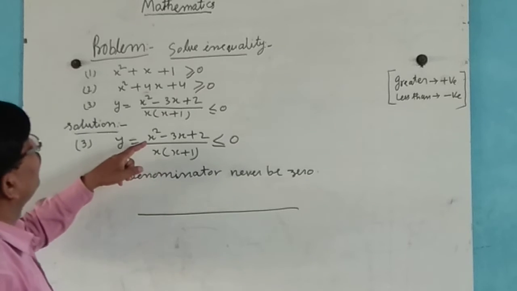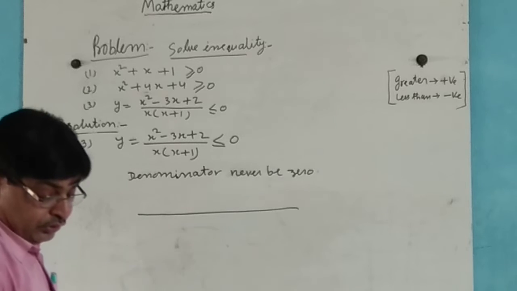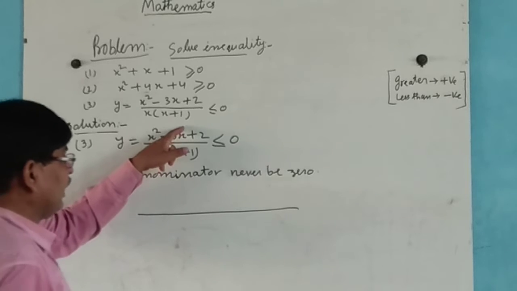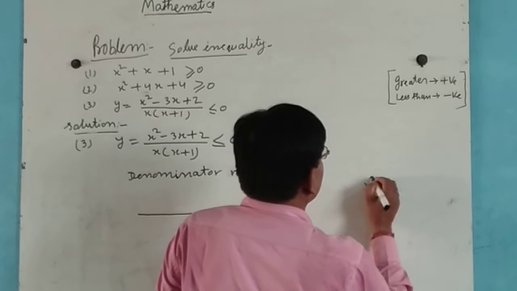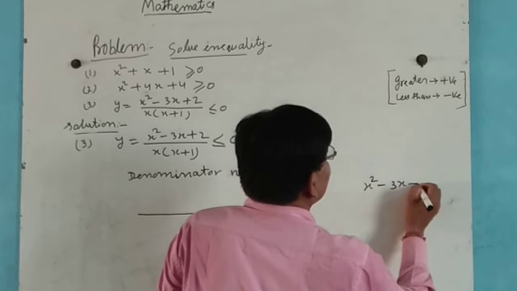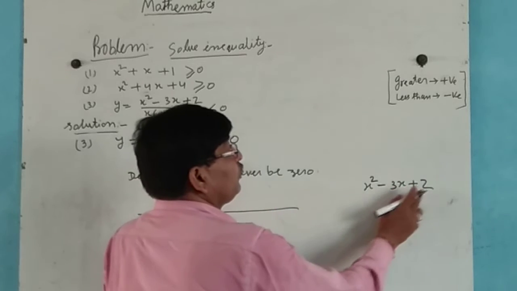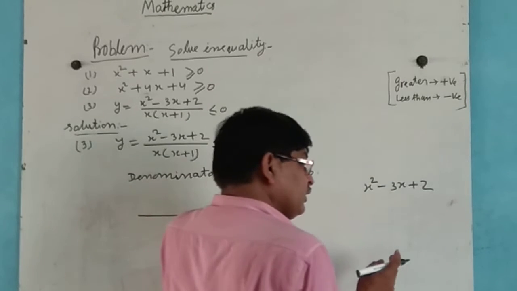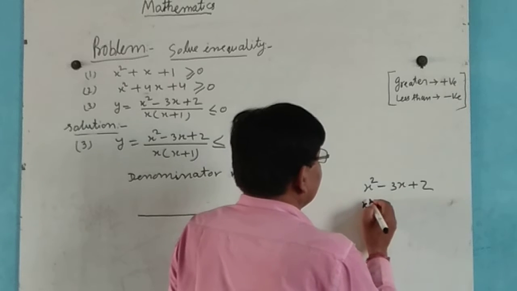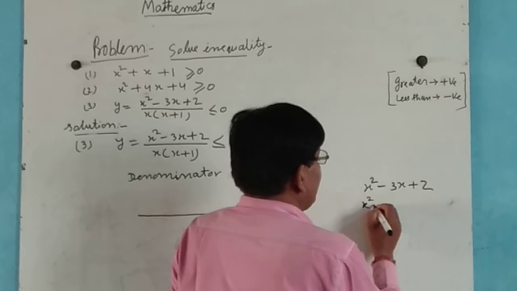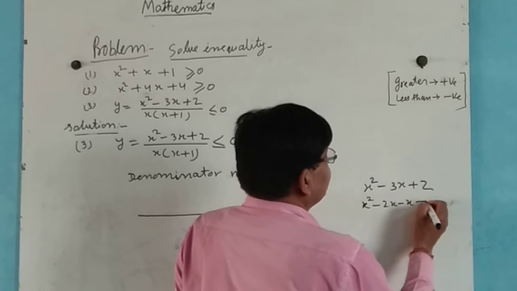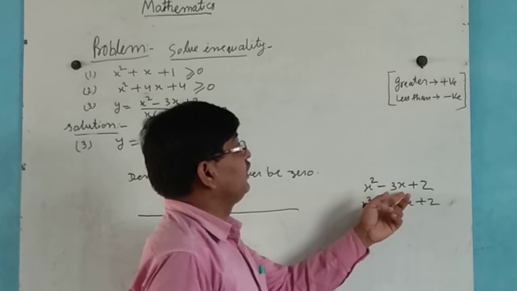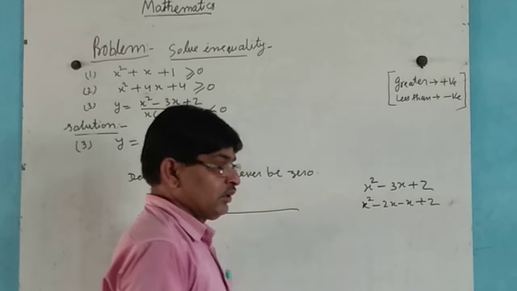As you know, first of all we factorize this quantity x² − 3x + 2. Here 2 = 2 × 1, and we divide −3x into two parts whose sum is −3x. So x² − 2x − x + 2, because −2x − x is −3x, so the expression does not change.